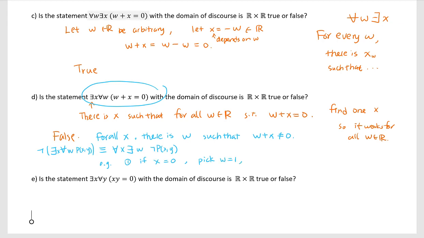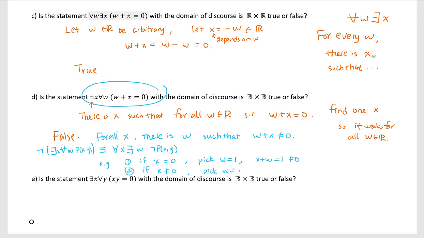Then we have x plus w equals 1, which is not 0. If x is not equal to 0, when we combine those cases, we have all real numbers. So we have shown this statement for all real numbers x. When x is not 0, then we can pick w to be x. Then w plus x is 2x, which is not 0.